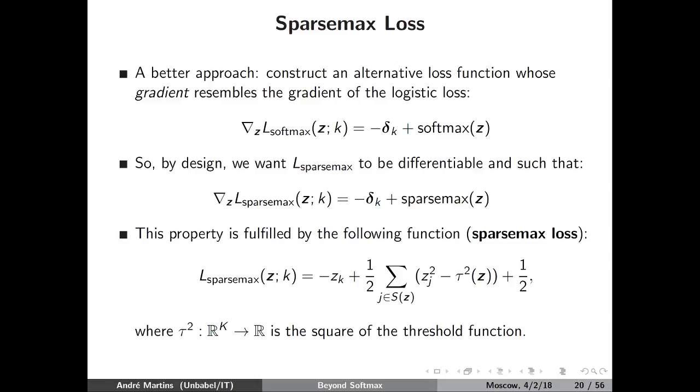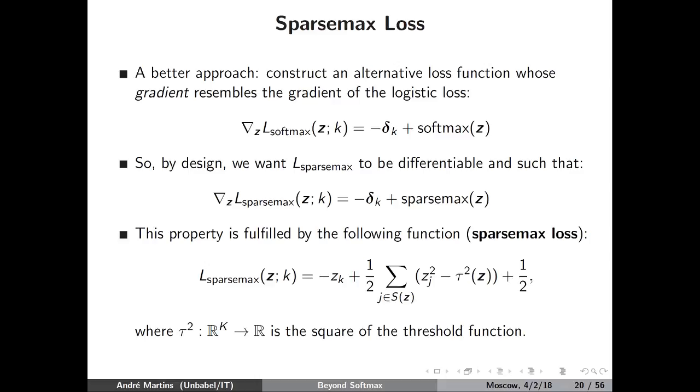It's a piecewise quadratic function, and one of the components is the square of the threshold function, which I defined in one of the initial slides: the amount by which you need to subtract each coordinate of z to compute the Sparsemax. It's very strange, and you don't get a very good interpretation at first sight about what this is doing.